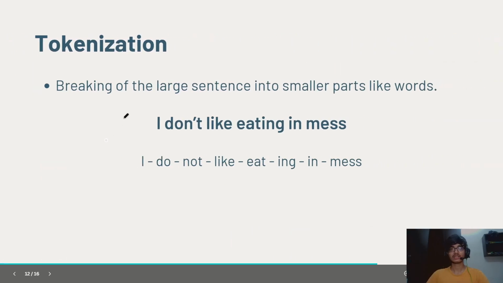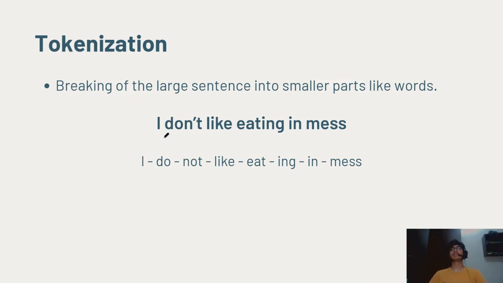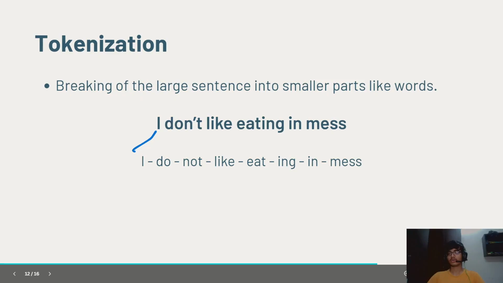So let's get started with tokenization. Suppose I have a sentence: I don't like eating in mess. It's too complex for an AI to understand, so we break it into smaller parts called tokens. So I don't like eating in mess would be tokenized in this way.